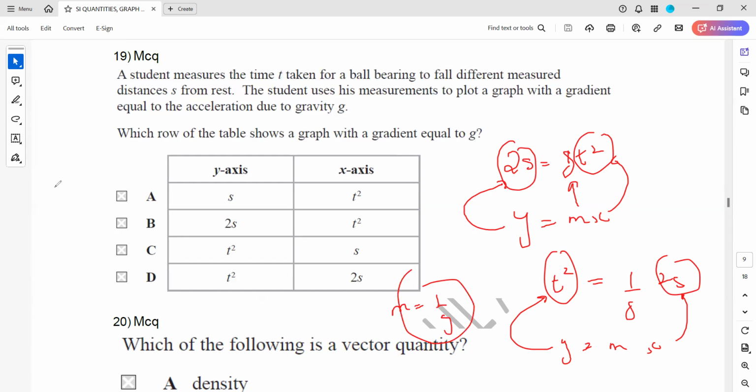So what actually happened is, if we change the axis, the gradient becomes reciprocal. When we were plotting 2s on the y-axis and t square on the x-axis, the gradient was g. But if I change my axis, t square on the y-axis and 2s on the x-axis, my gradient will be 1 over g. It becomes reciprocal. Is it clear?